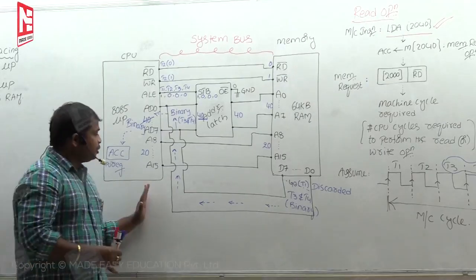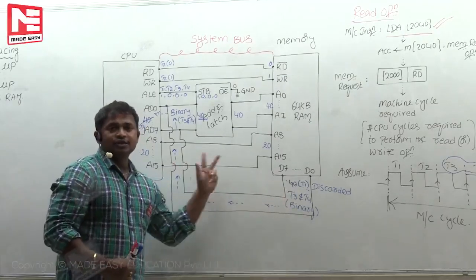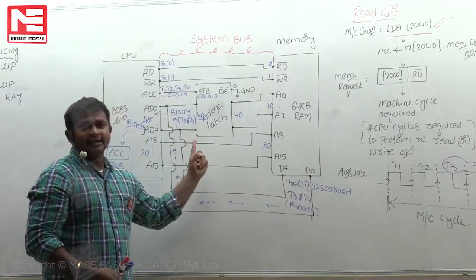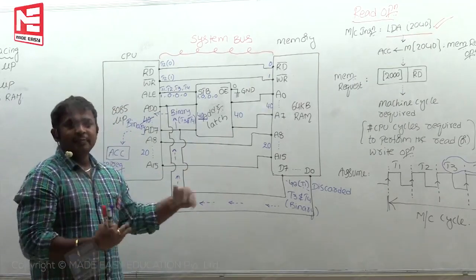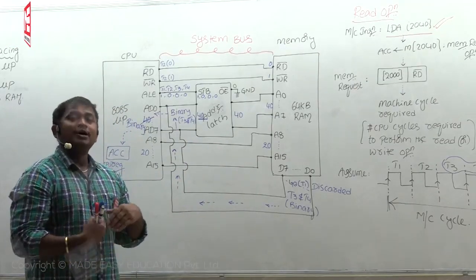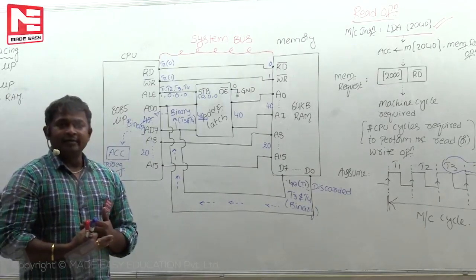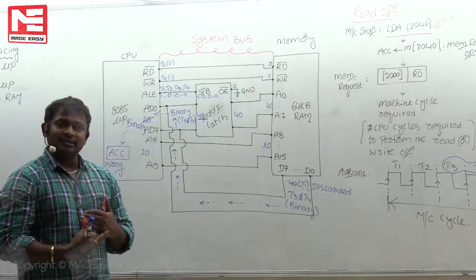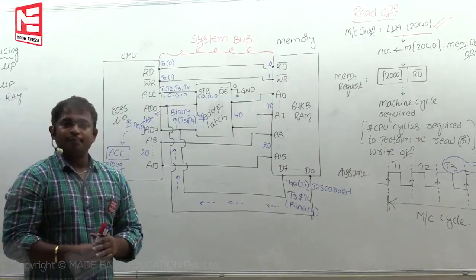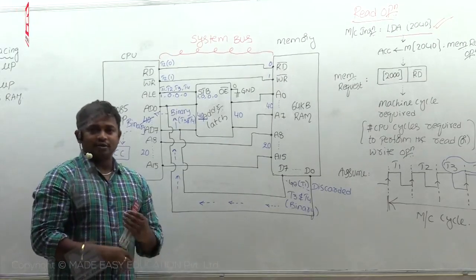Right now, CPU is there, memory is there. These two components communicate with each other. Right? Now immediately we should know what is system bus, how the system bus is implemented, what are the lines present in the system bus, how it provides the communication. That is our next concept.